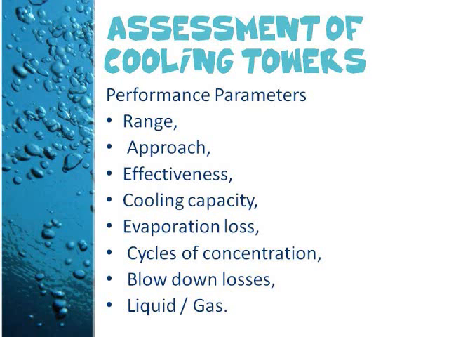These measured parameters are then used to determine the cooling tower performance in several ways. These are range, approach, effectiveness, cooling capacity, evaporation loss, cycles of concentration, blowdown losses, and liquid gas ratio.